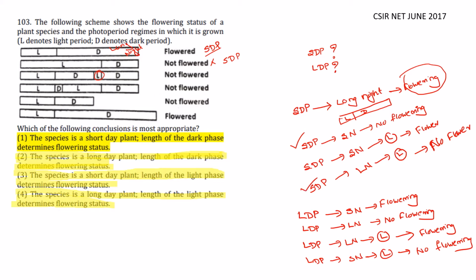There is no flowering. So this is a short day plant. Here darkness is given in between light. We know that the night period is determining flowering, not light.